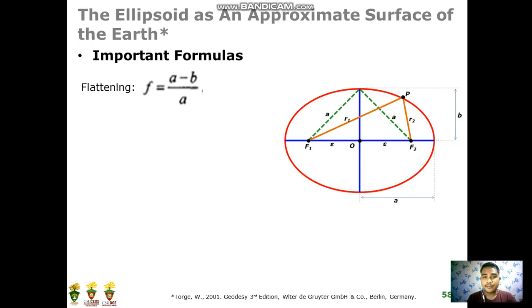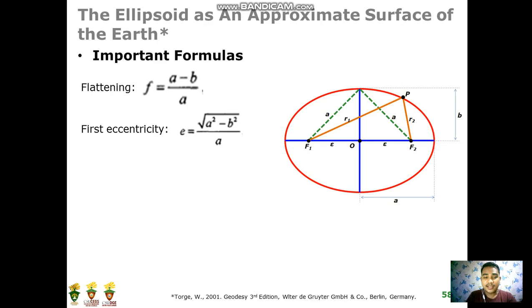So here are the important formulas showing the relationship of the parameters of the meridian ellipse, starting with the flattening. It is denoted as small letter f. So flattening is equal to semi-major axis minus semi-minor axis all over semi-major axis, or f is equal to a minus b all over a. Next we have first eccentricity.